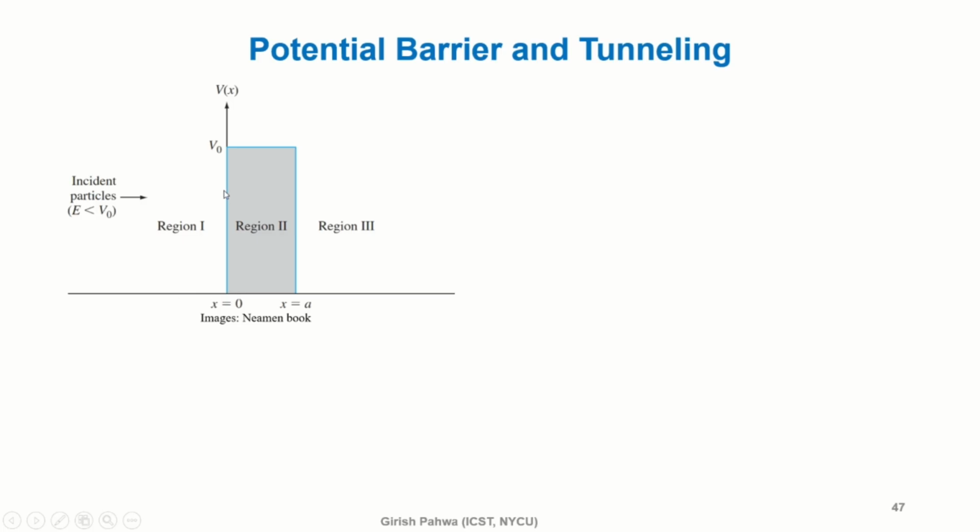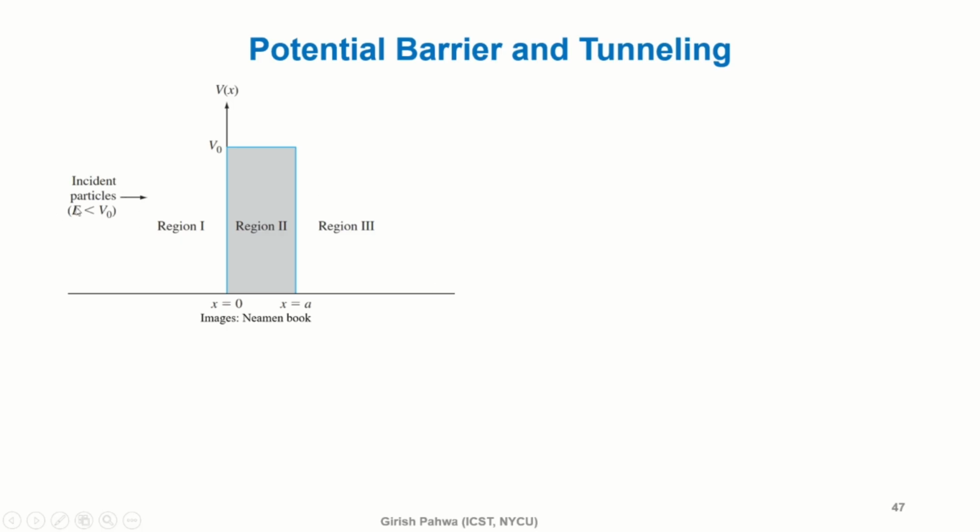But as soon as the electron enters this region, the energy becomes smaller than the potential energy. Now classically this region is forbidden. The particle should only exist here and here. If I incident the particle from this side, it will exist here, and from this side, it will only exist here.